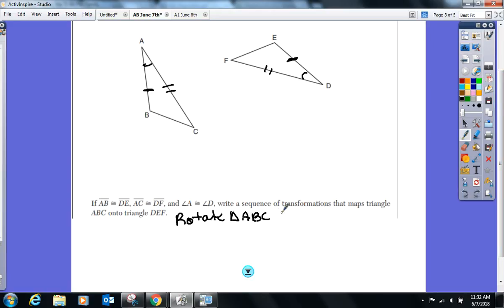Rotate triangle ABC around point C. And again, is point C the only one? No, you could have easily said point B or A. Which direction? Okay, so you want to rotate this around point C. So point C is going to stay where it is, and this is going to go clockwise. Fine. Clockwise.